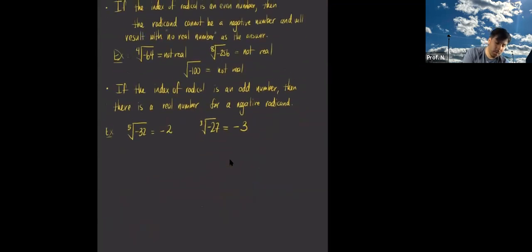So slowly we start to see that there's a general multiplication rule for radicals.